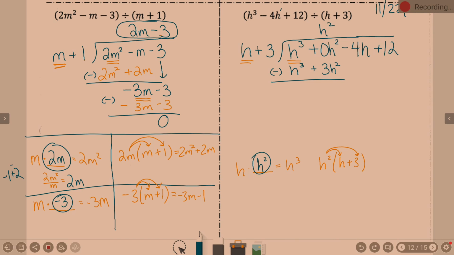Negative 3. 0 of something minus 3 of something is going to be negative 3, still of that same something. So 0h squared minus 3h squared is going to be negative 3h squared.